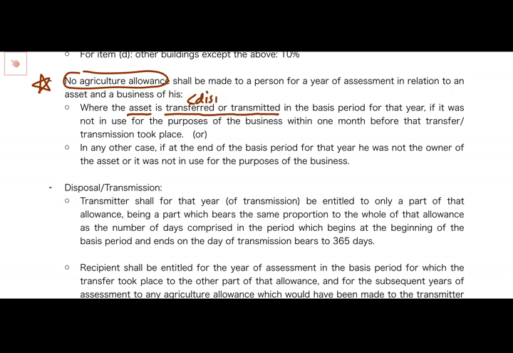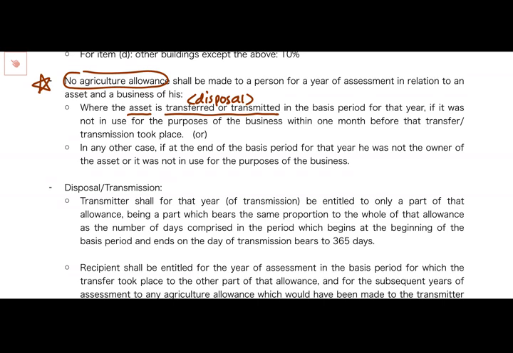This is basically a disposal. The reason you're transferring an asset is because you're disposing of an asset. It says that when the asset is transferred or transmitted in the basis period for that year, if it was not in use, then no allowance shall be made.